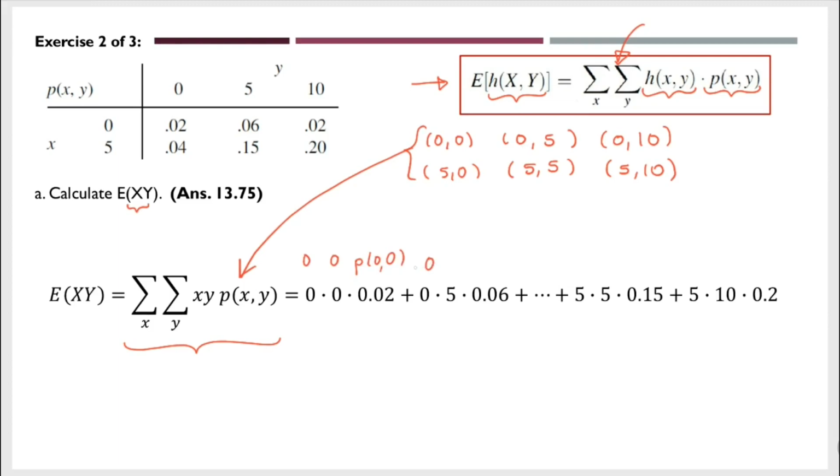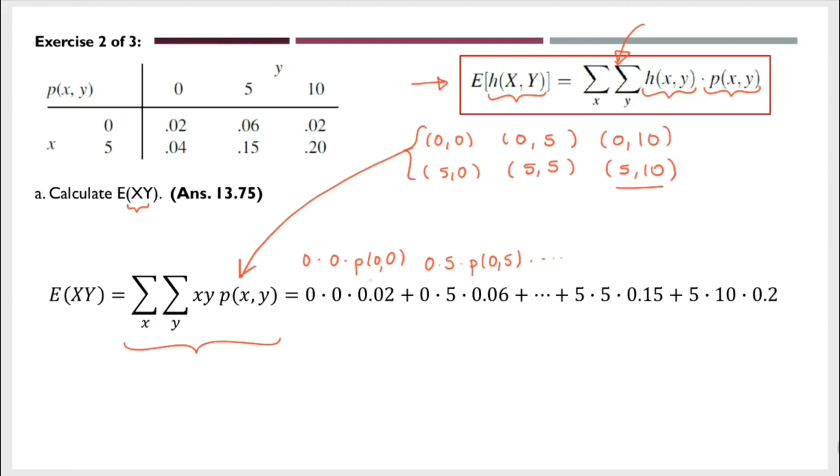So you'll take 0 times 5. So that's my xy times p(0,5). And you're going to continue until you get to the last one, which is this one. So I went across the top row, and then across the bottom row to get this. And then you just now substitute your x and y values.